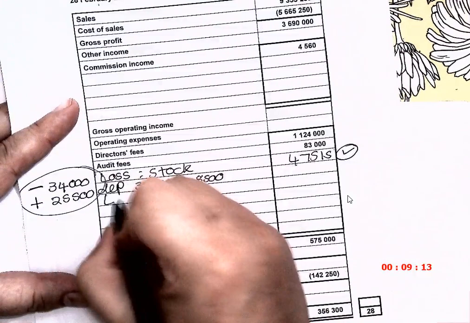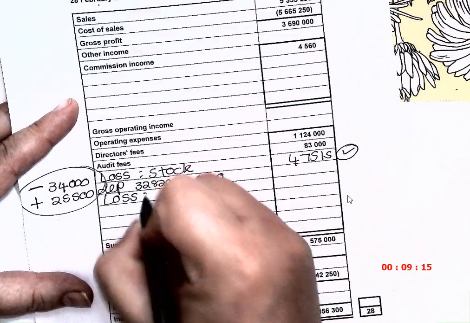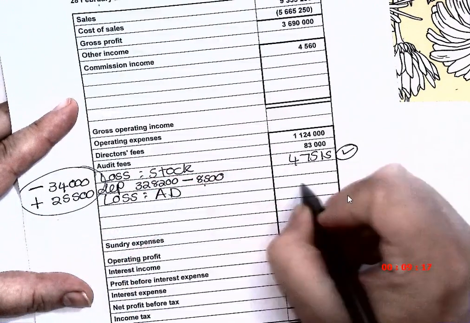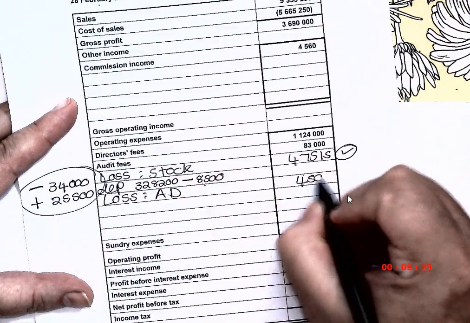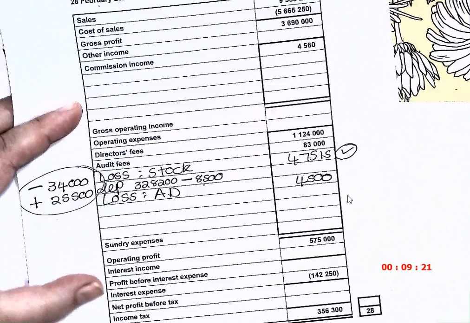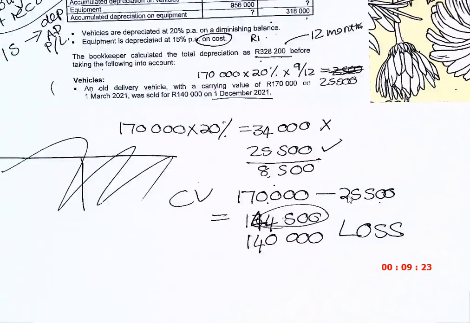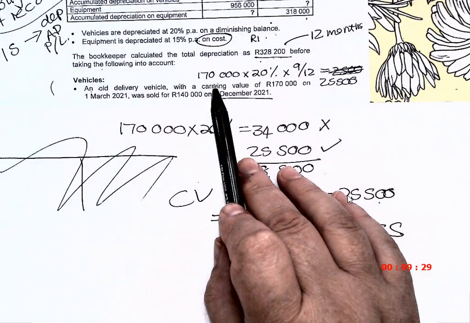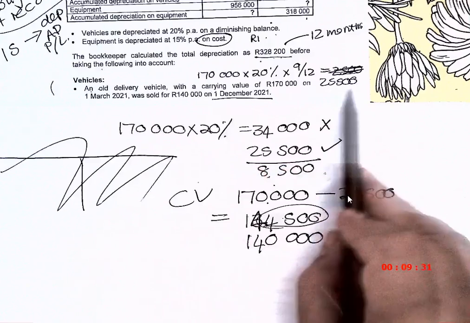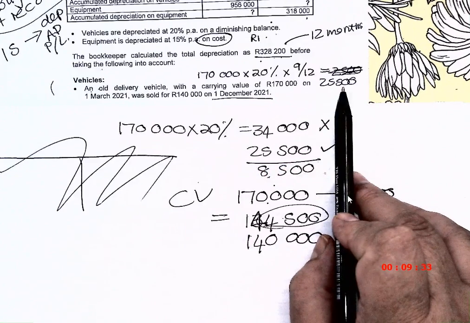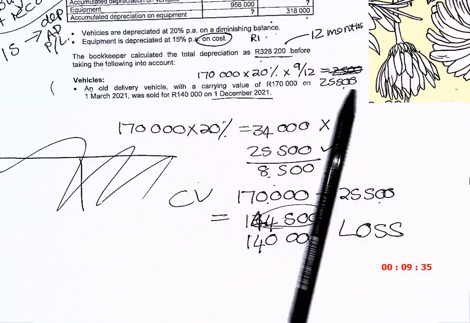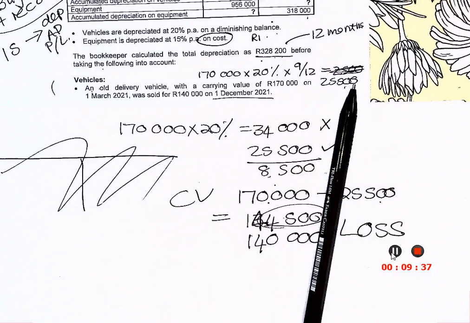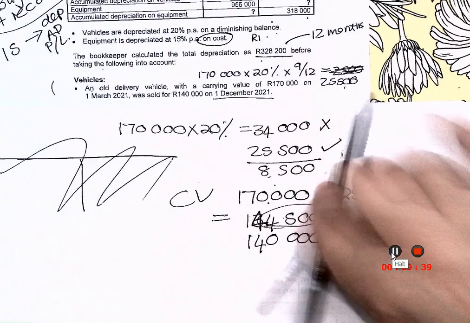So I'm going to have a loss on asset disposal, 4,500. Where did I get the 25,500? When I calculated the depreciation for 9 months. Remember? Okay, here we go on.